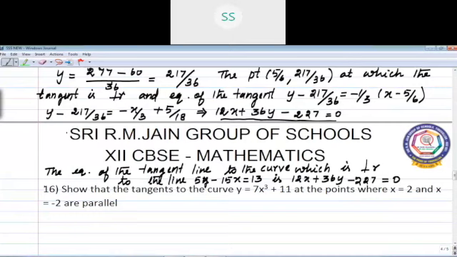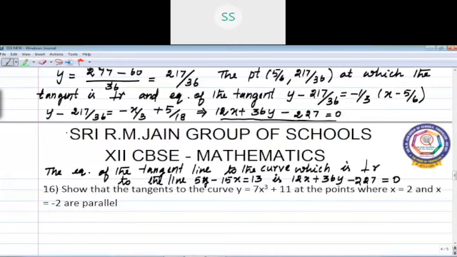Show that the tangents to the curve y equal to 7x cube plus 11 at the points where x is equal to 2 and x is equal to minus 2 are parallel. You want to say the lines are parallel. Parallel means the slopes are equal, right?